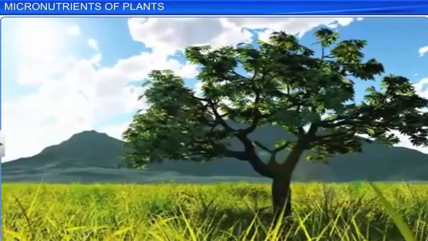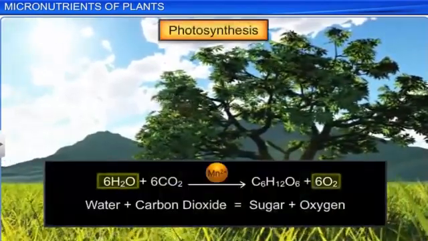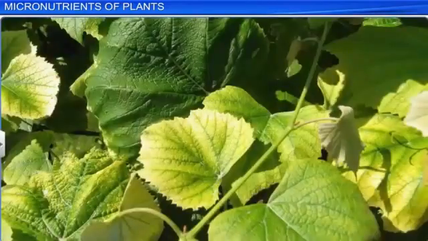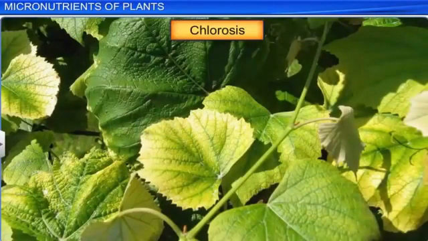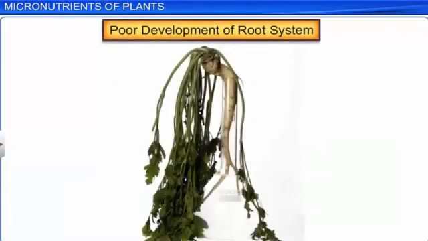It plays an important role in the splitting of water to liberate oxygen during photosynthesis. Deficiency symptoms include chlorosis, gray spots on leaves, and poor development of the root system.